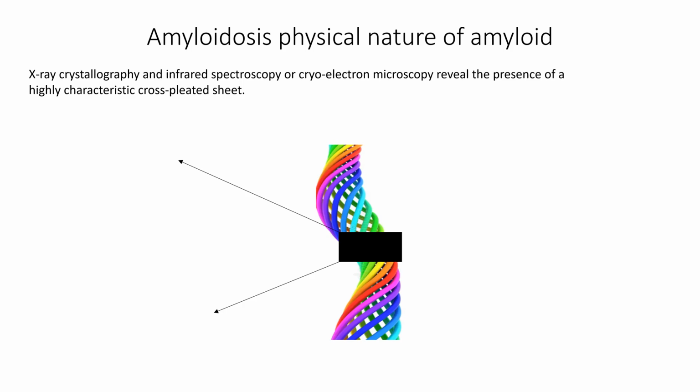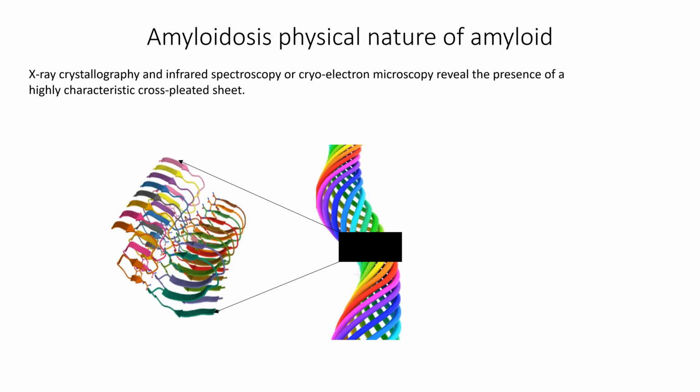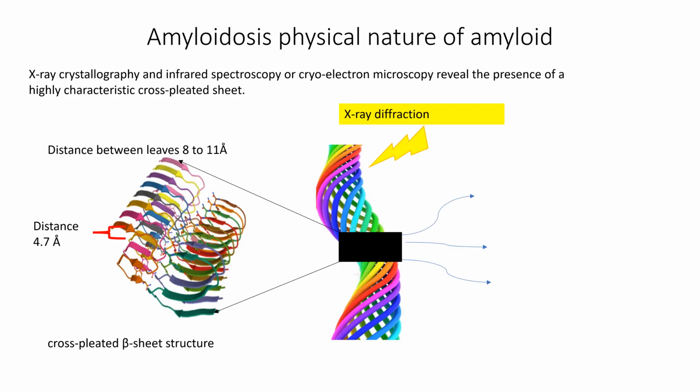The strands go in opposite directions. Characteristic orientation: the beta strands are perpendicular to the fibril axis, creating a repeating pattern called cross-beta, first observed in 1968 by X-ray diffraction.